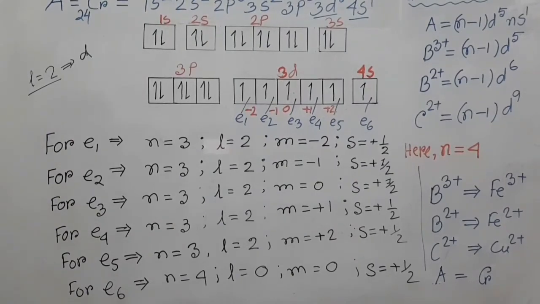So my dear students, if we see the values of the 4 quantum numbers for these 6 electrons, we can say that no 2 electrons in an atom can have the same values for all the 4 quantum numbers.